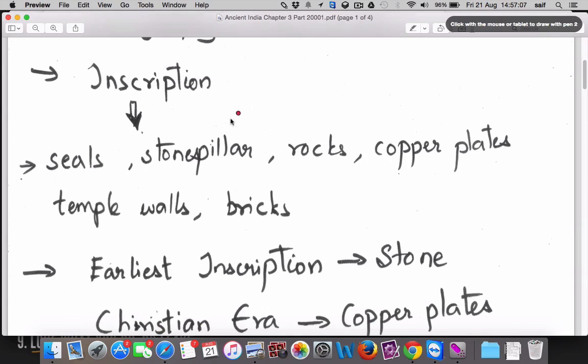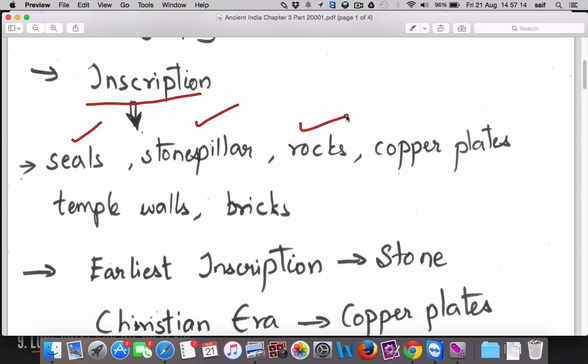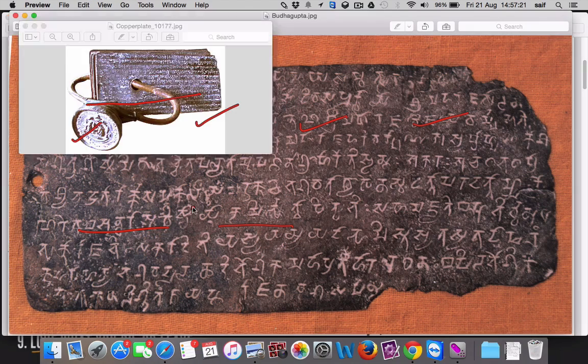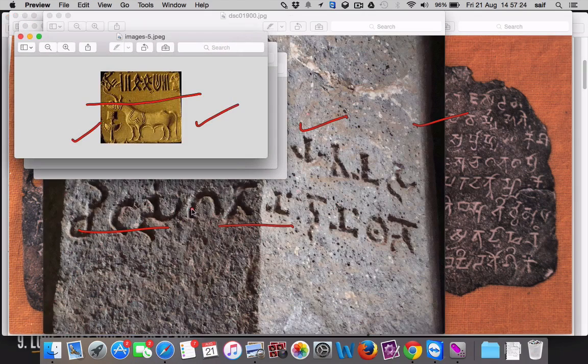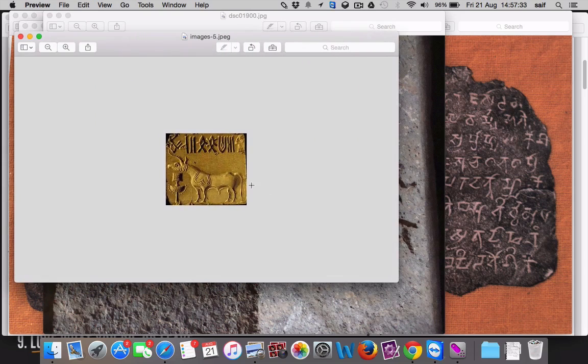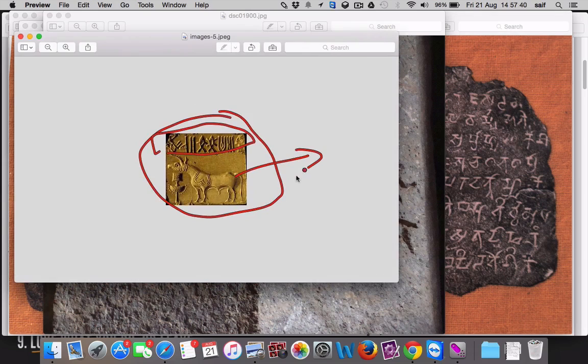Now, as you know the definition, inscriptions were done on seals, stone pillars, rocks, copper plates, temple walls and bricks. Seals will be like this. This is a seal of the Harappan time. In this you can see that the data is written here, and it is pictorial.